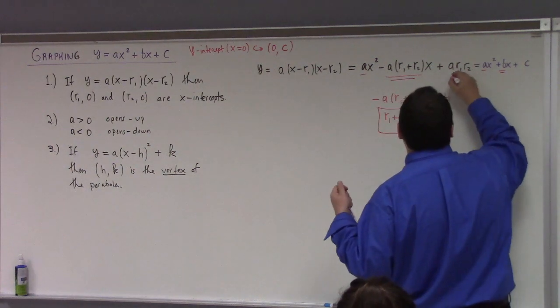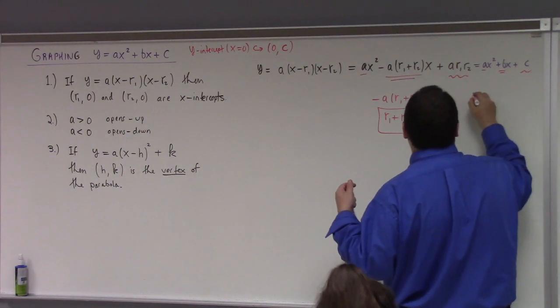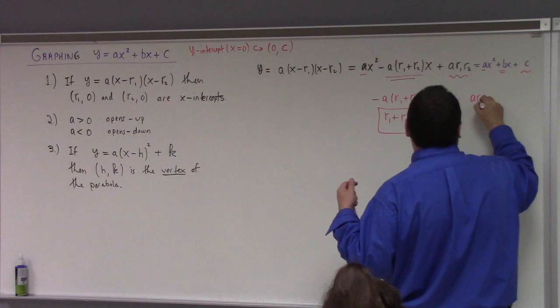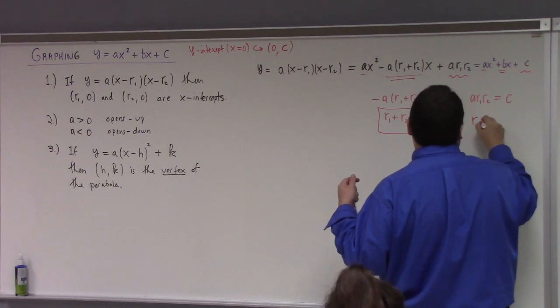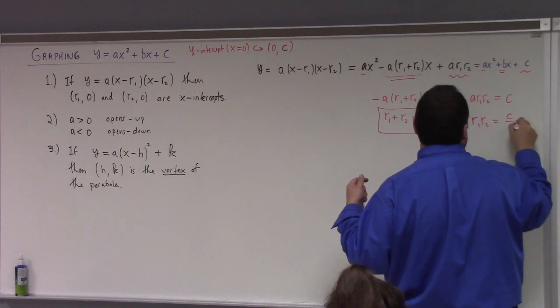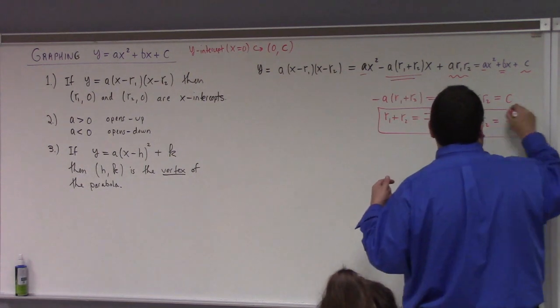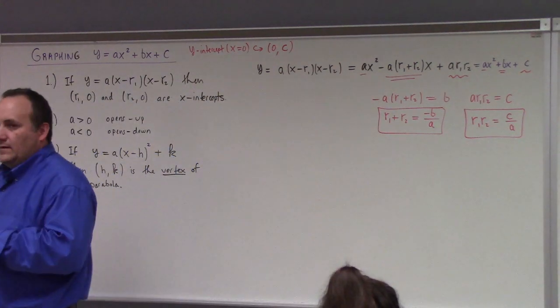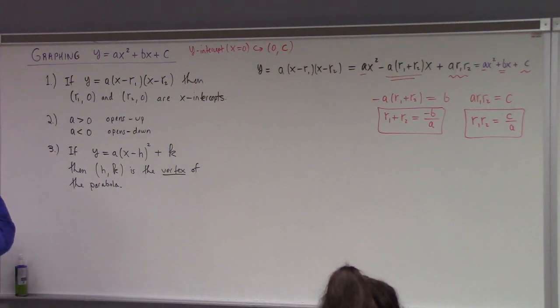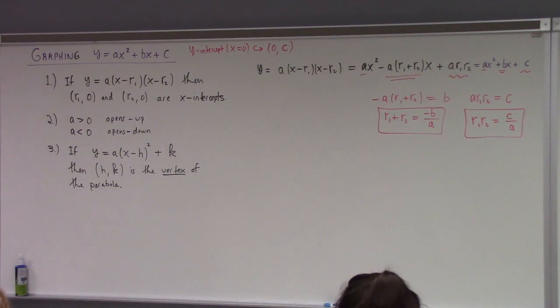And also, if you look at this is equal to that, we get that a times the product of the roots is equal to c. So the product of the roots apparently has to be equal to c over a. That's kind of a nice formula to know about. It has its uses. But what you'd really like me to find for you is a formula for the vertex. All right?